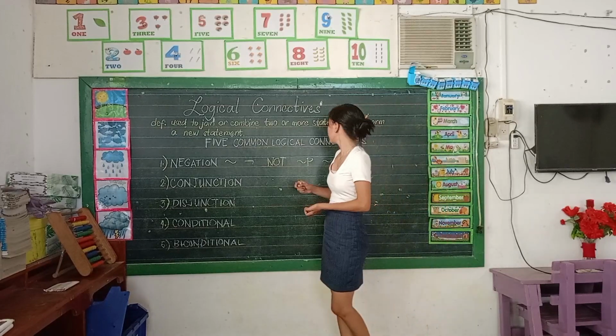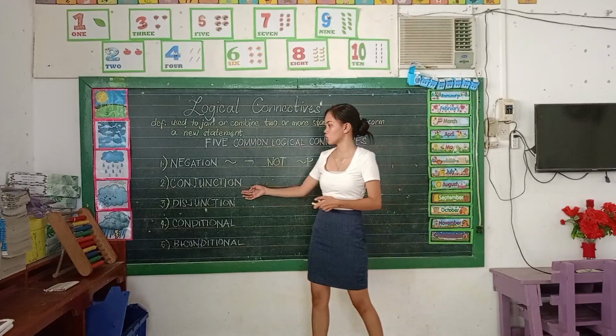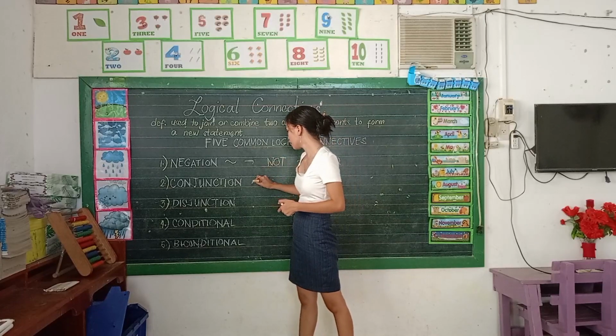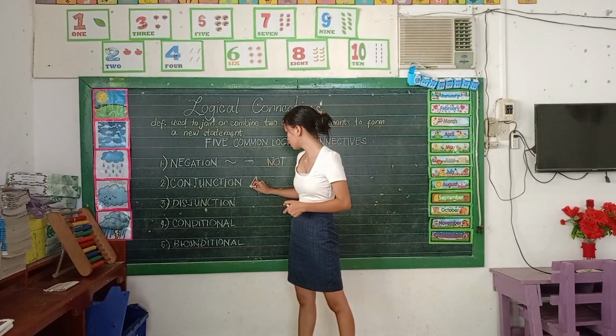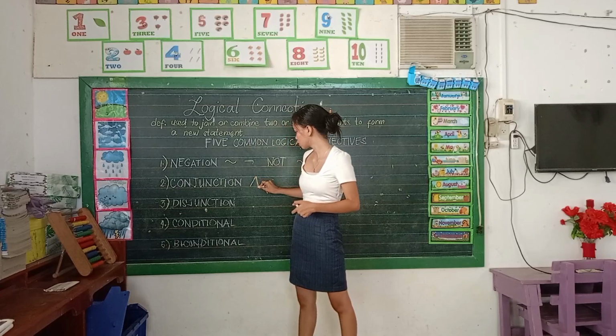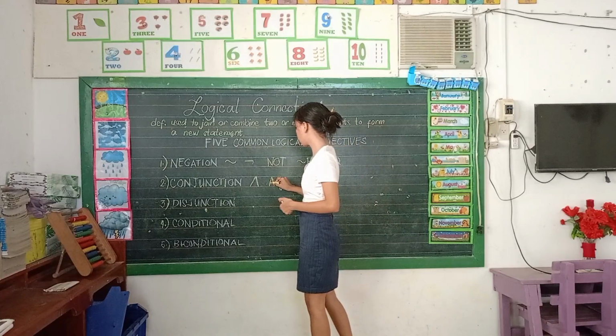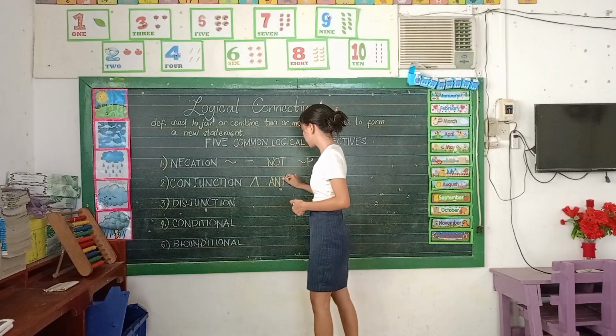The next logical connective is conjunction. The symbol of the conjunction is the inverted capital V. The connective word here is the word and.